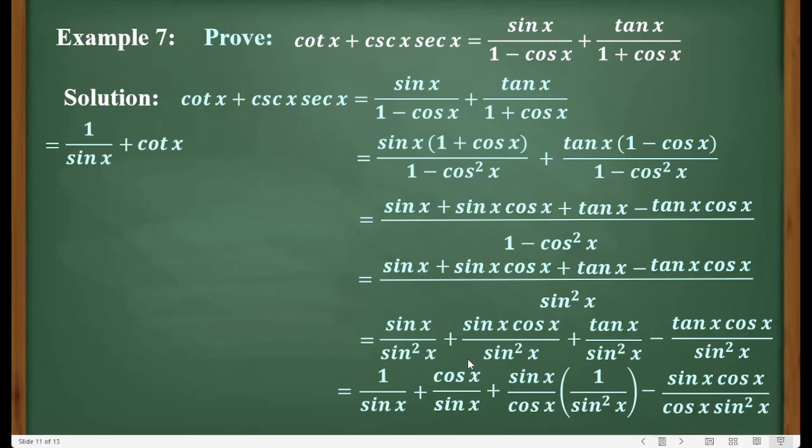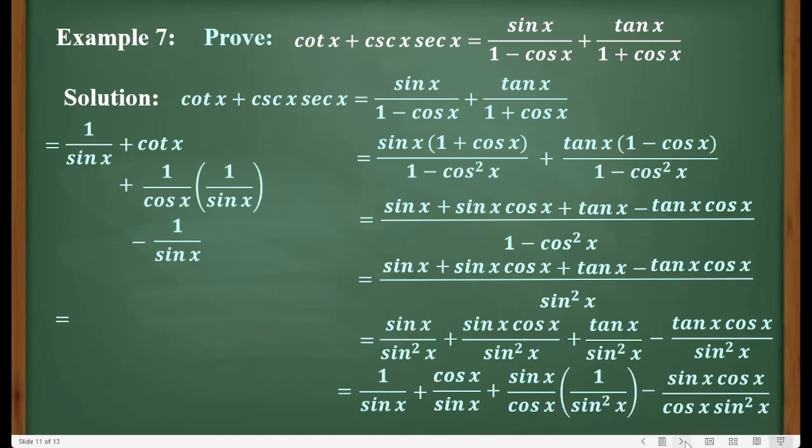Cosine x over sine of x is actually cotangent of x. Then plus, this term right here will now be equal to 1 over cosine of x times 1 over sine of x. So this is 1 over cosine of x. Then minus, if we simplify this, what will be left is 1 minus sine of x.